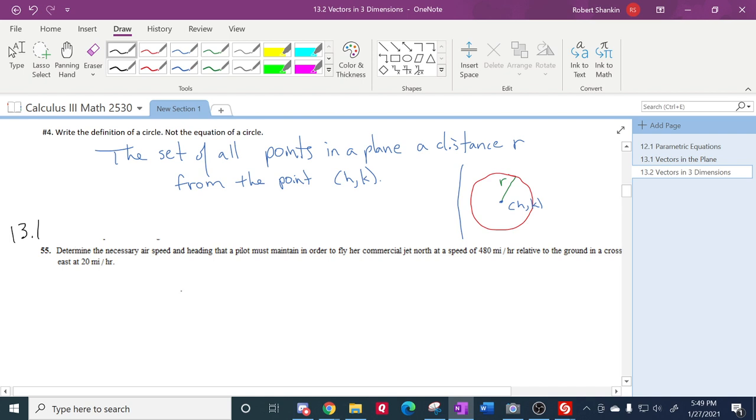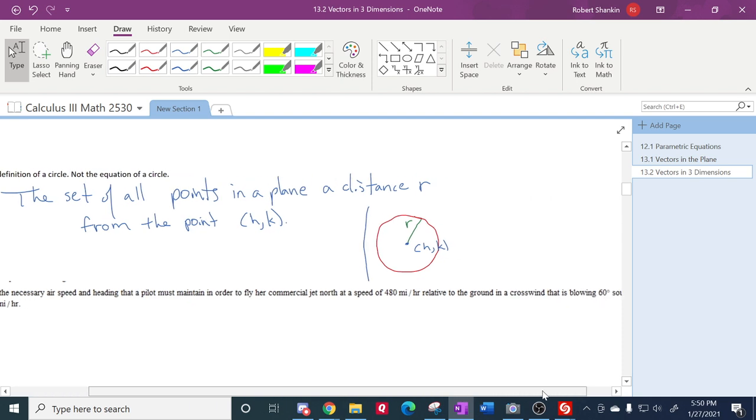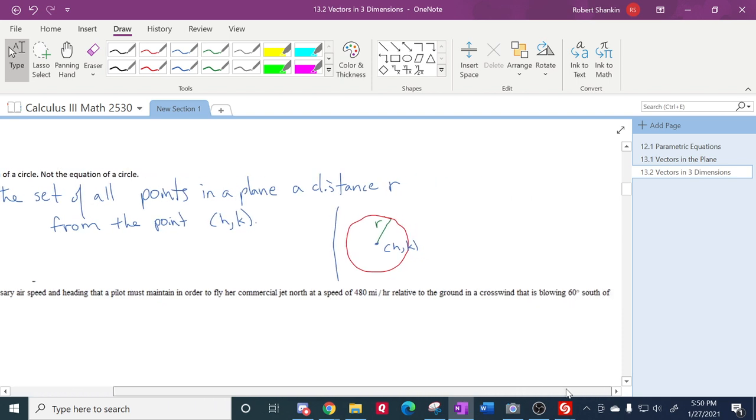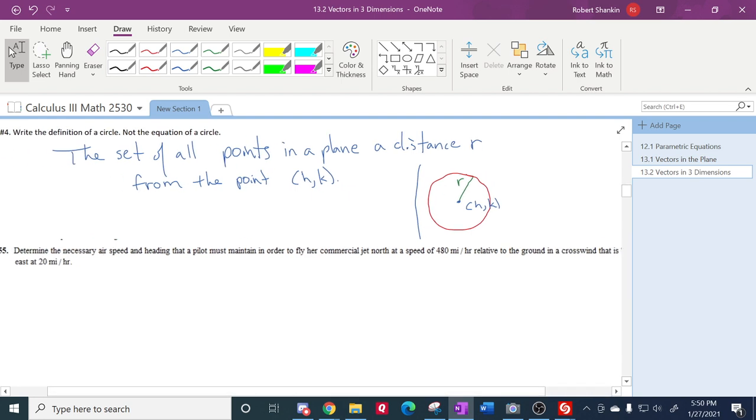Determine the necessary airspeed and heading that a pilot must maintain in order to fly her commercial jet north at a speed of 480 miles per hour relative to the ground in a crosswind that is blowing 60 degrees south of east at 20 miles per hour.